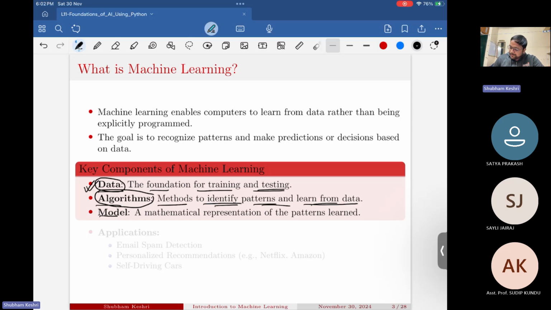Then we will also see what models these algorithms are based on. Algorithms are just step-by-step instructions, but they follow some mathematical models. So we'll see the mathematical representations of the pattern learned.